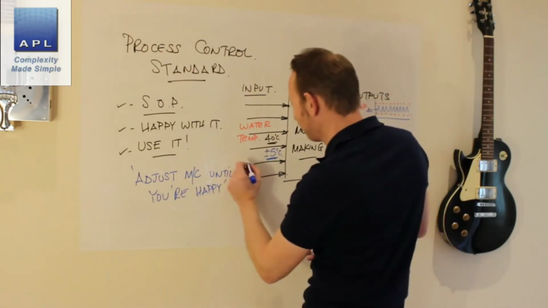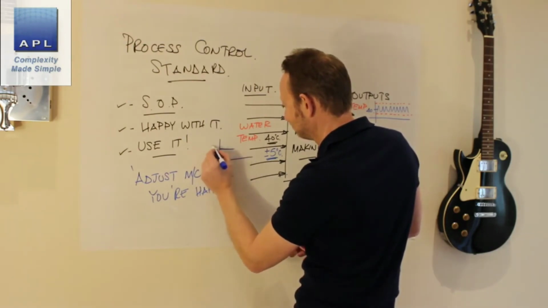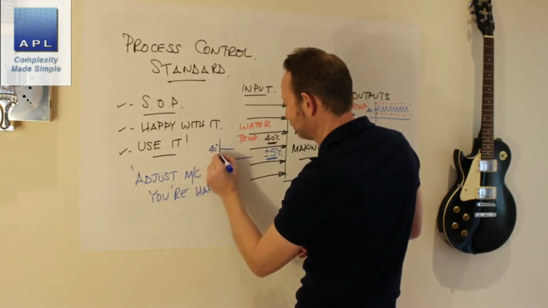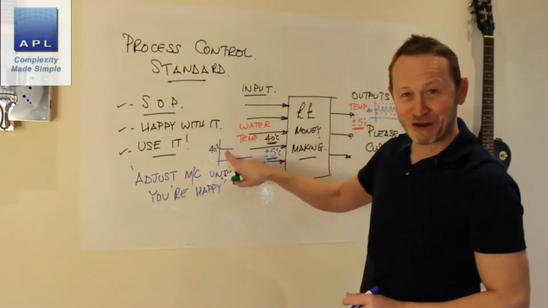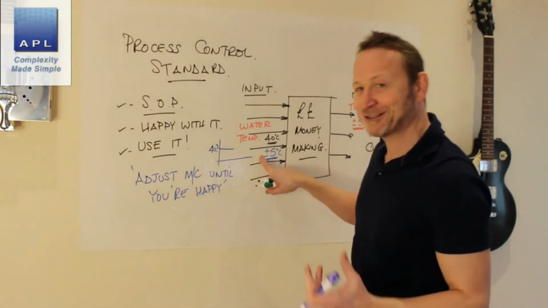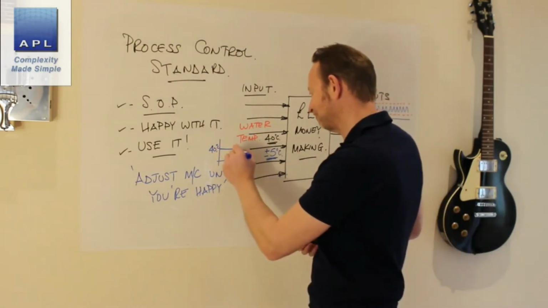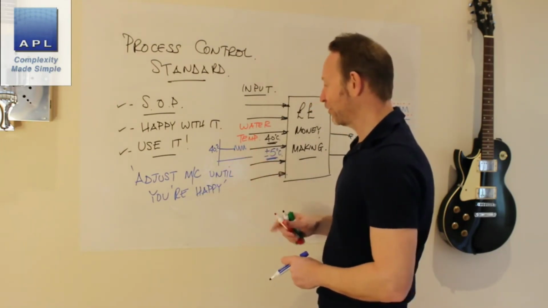So you used to have a process that looked like this. Just dead on 40 degrees. Not a problem. You used to have a process that was very stable. Now that we've given it a plus or minus 5 degree tolerance, this thing gets wound up and down by plus or minus 5 degrees.